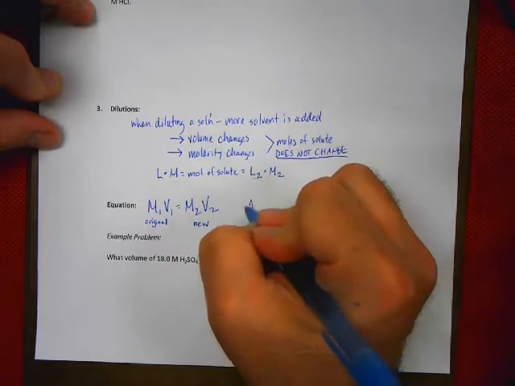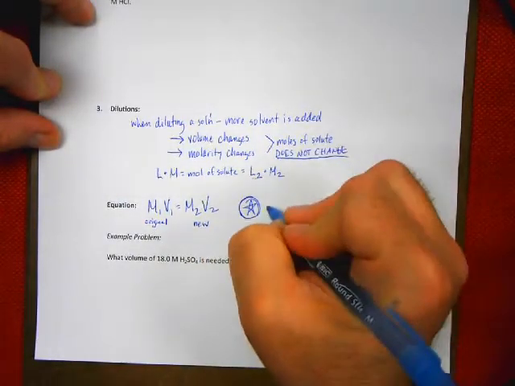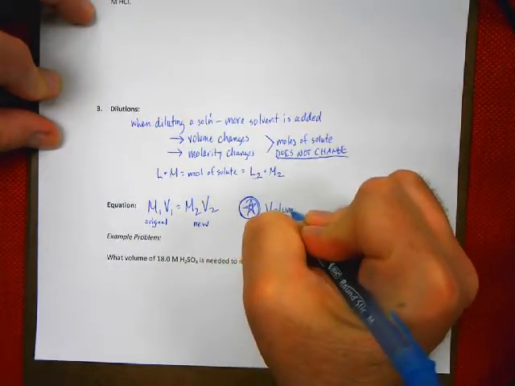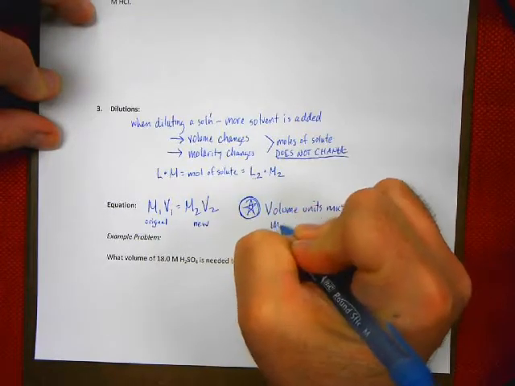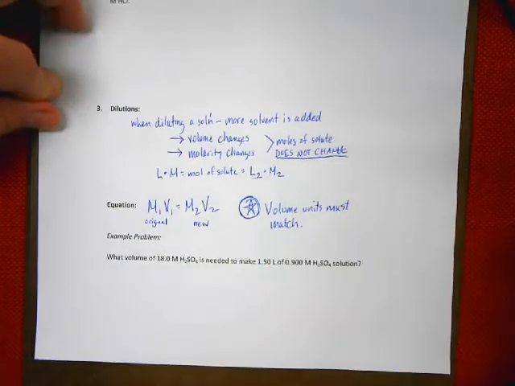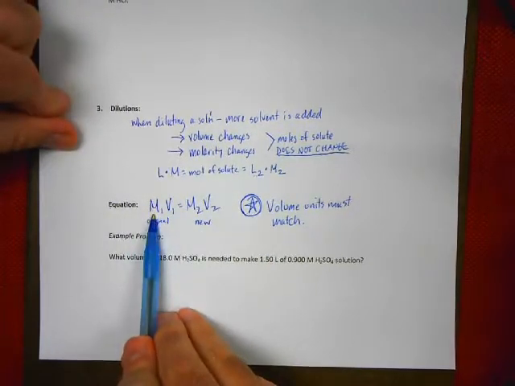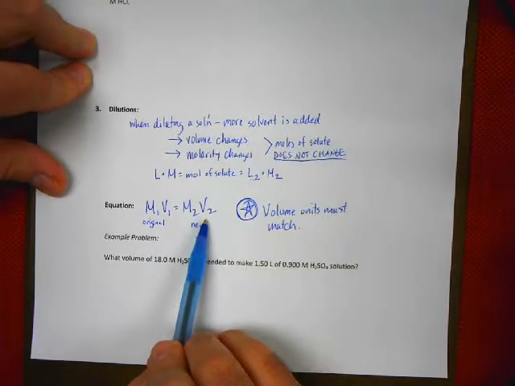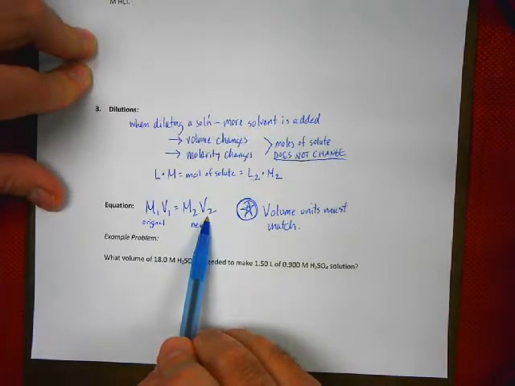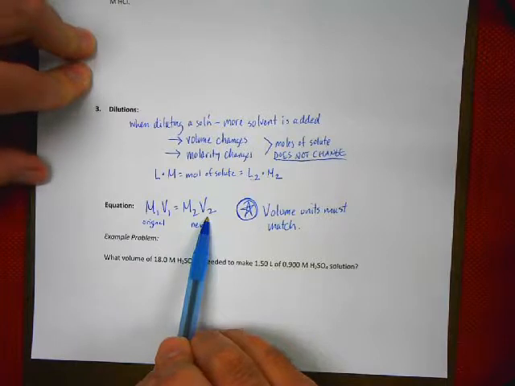The big thing here, and I'm going to put a big star there, volume units must match. If your original volume is in milliliters and it doesn't specify, you can leave your new volume, if that's what you're solving for, in milliliters.